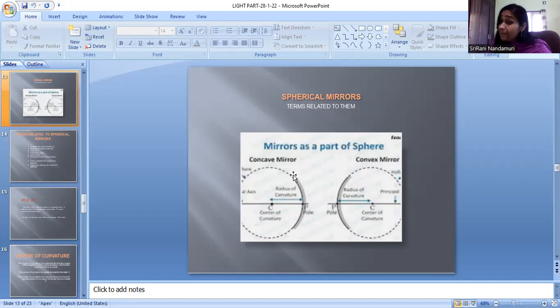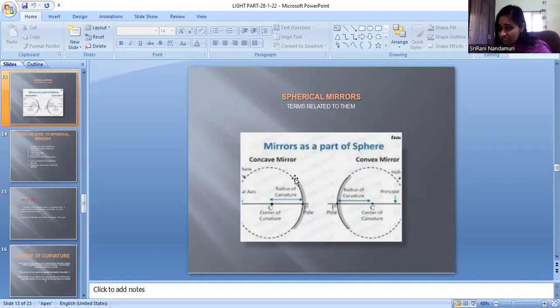And what is aperture? It is the exact part where the reflection takes place. For example, this is a concave mirror and this is a convex mirror.